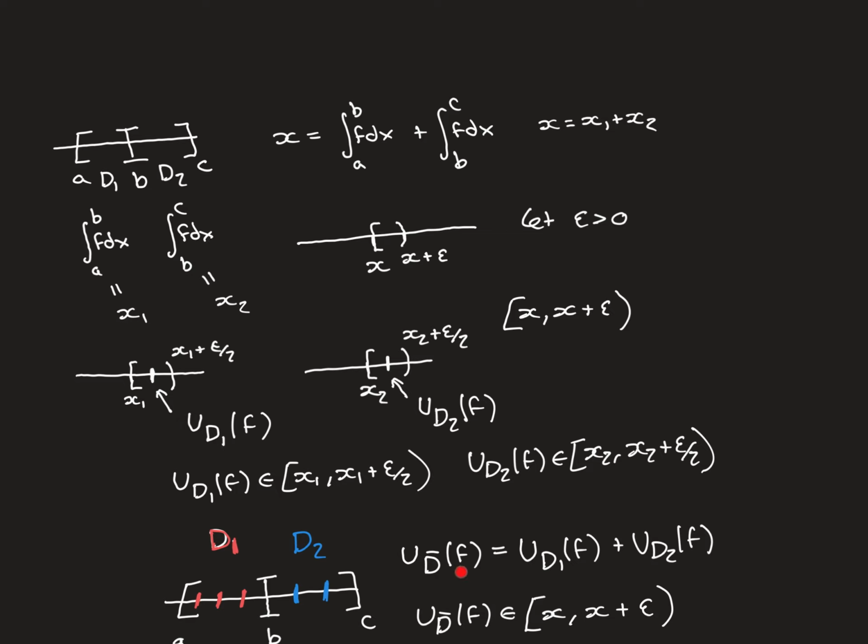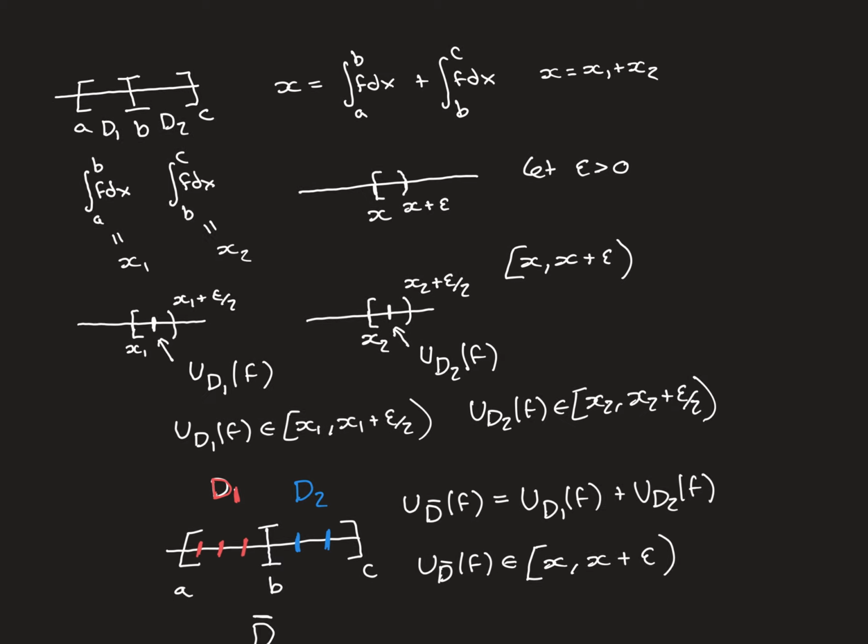And then we saw how if we combine their two dissections together to make an overall dissection of the overall interval, the upper Riemann sum using that combined dissection over the overall interval is just the sum of those two individual upper Riemann sums over the subintervals.